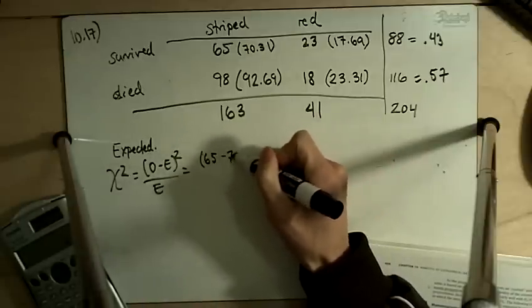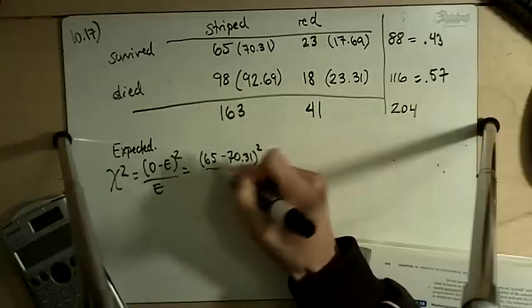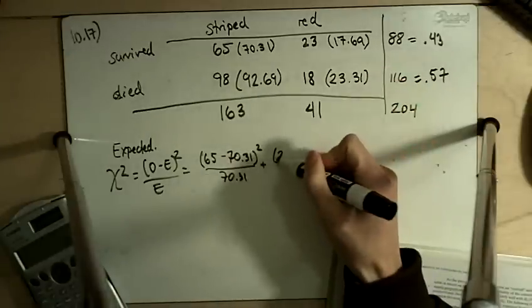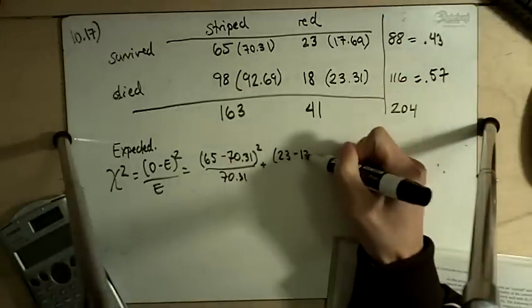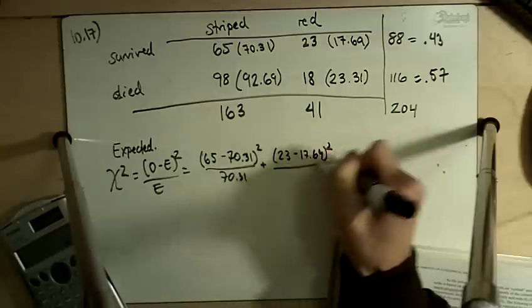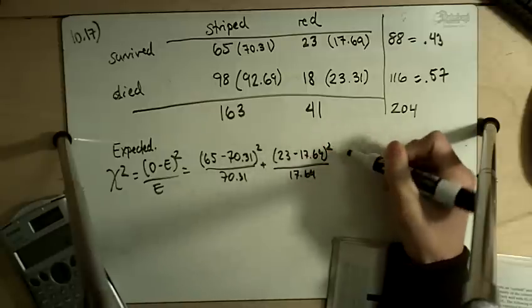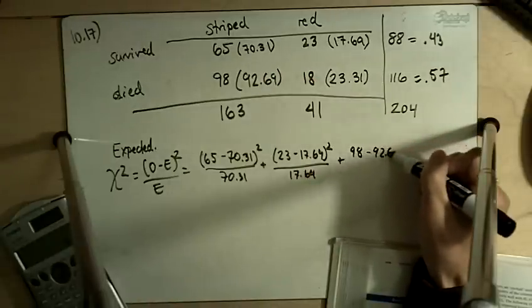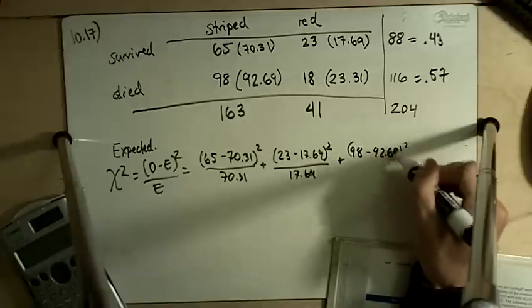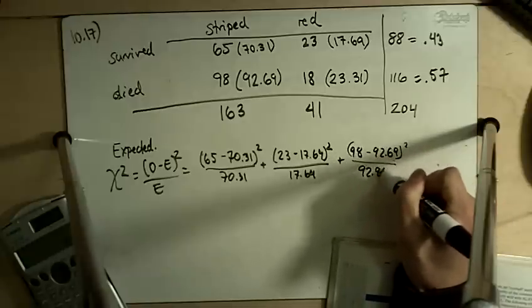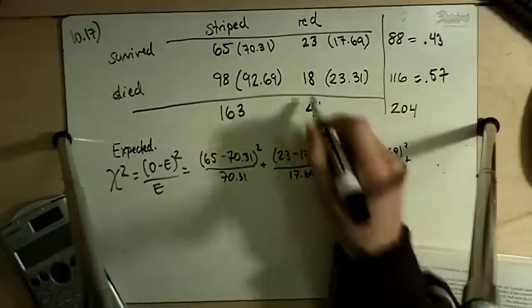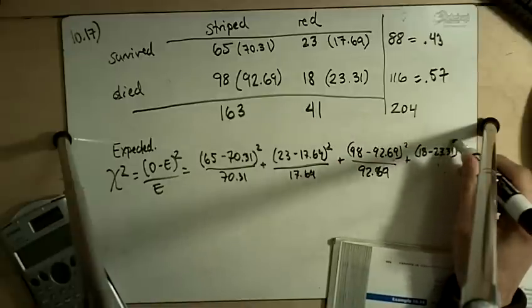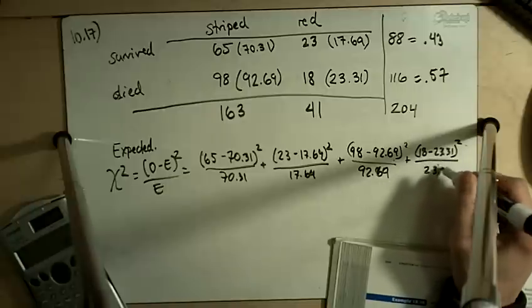So 65 minus 70.31 squared divided by 70.31, and I'm just going across, 23 minus 17.69 squared divided by 17.69, 98 minus 92.69 squared over 92.69, plus this last one, 18 minus 23.31 squared divided by 23.31.